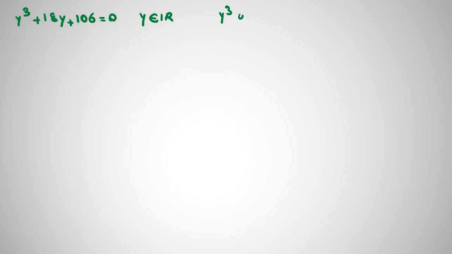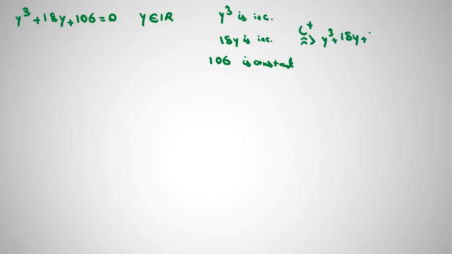y cubed is increasing. 18y is also increasing. 106 is constant. So if we add all these three terms, y cubed plus 18y plus 106 is increasing.